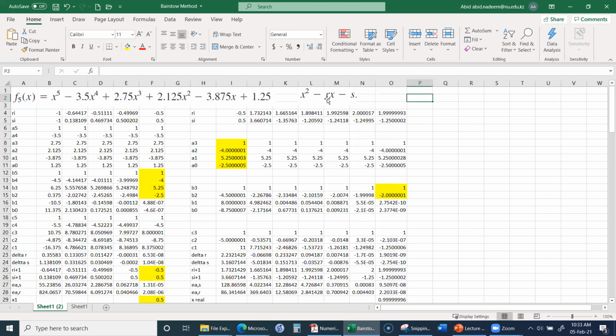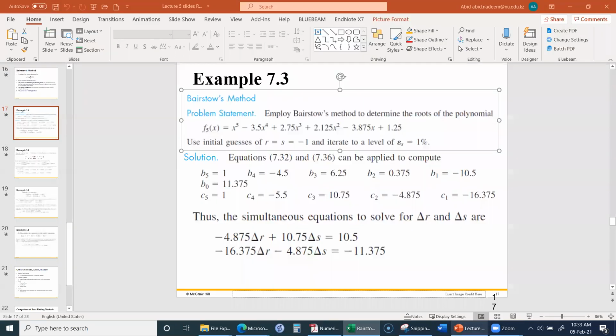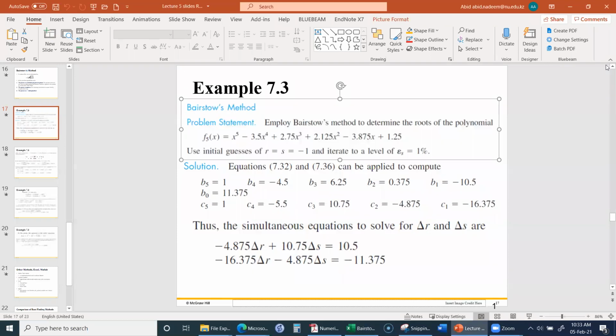Okay. So in this case, we need to assume the values of r and s. So we took the values of r and s as -1 and -1. Okay. And then we will calculate a5. So this a5 is calculated by the formula.